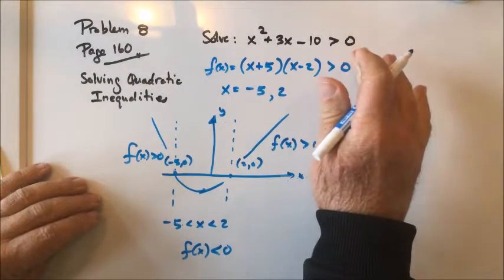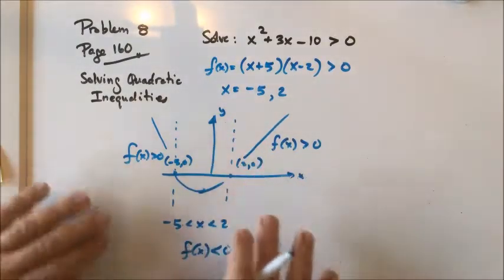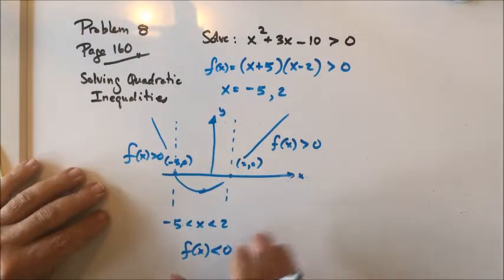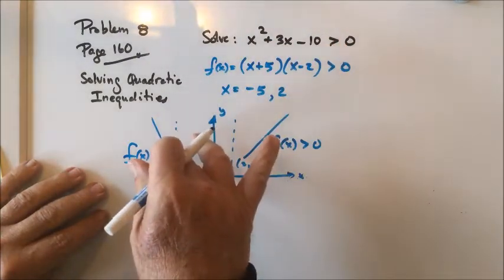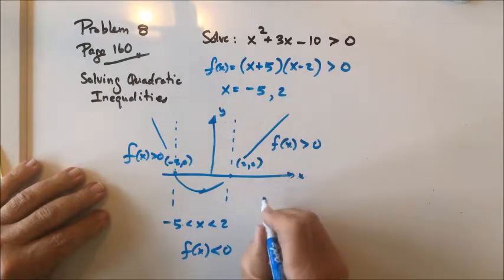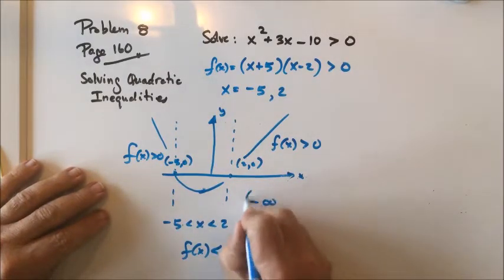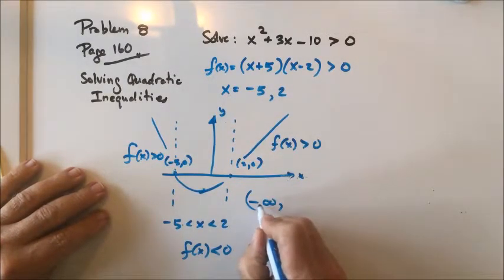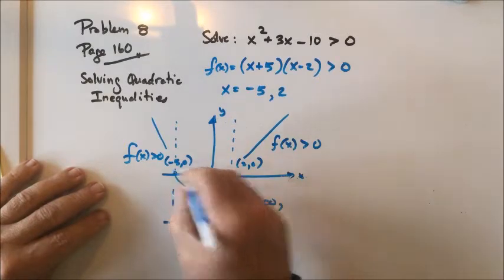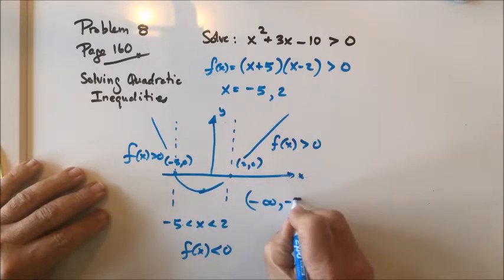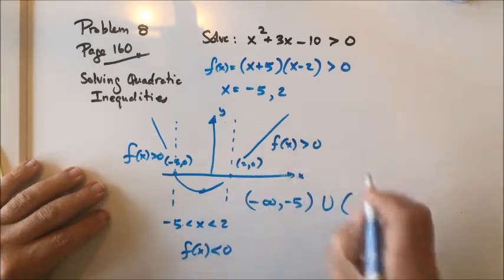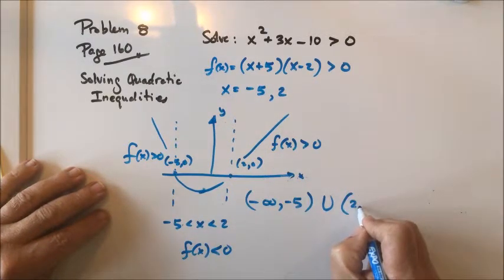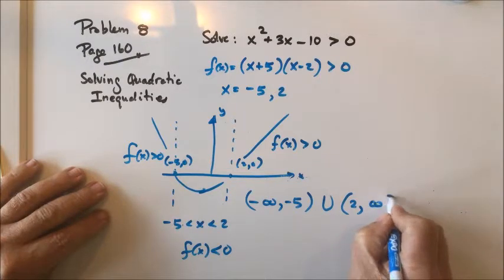And so that tells us what we're looking for. We're not looking for the region where the function is less than 0, but rather the region where the function is greater than 0. And that's these two regions. In particular, it's x belonging to minus infinity to minus 5, union with x in the interval 2 to positive infinity.